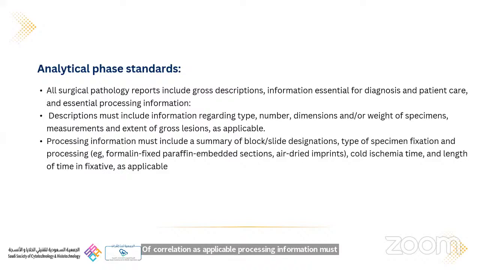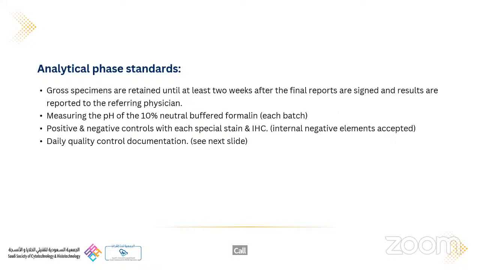Block A is tip, block B is, etc. Type of specimen fixation and processing. For example, formalin fixed, paraffin embedded section, or air dried imprints, or if any fixative other than formalin is used, or if you're using, let's say, a wax different than paraffin, resin, or something else, it has to be clearly stated. Cold ischemia time and length of time in fixative as applicable, as mentioned earlier.